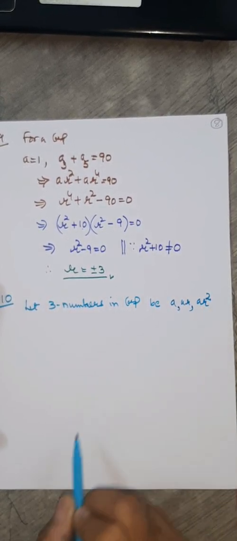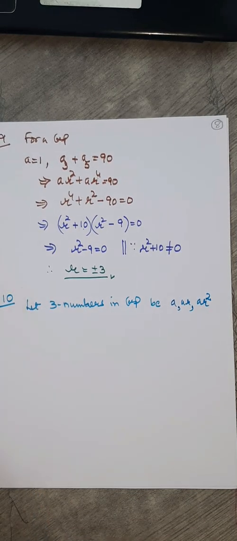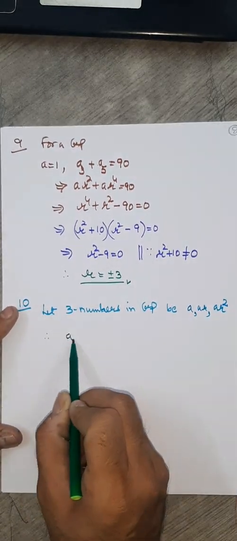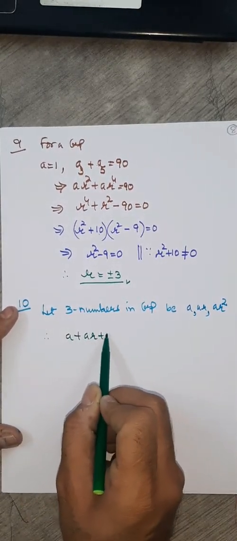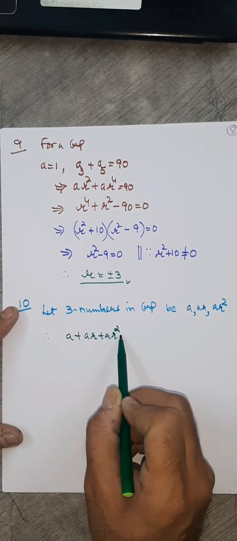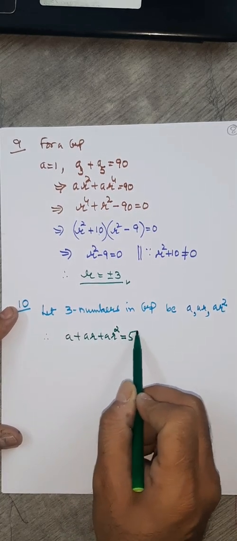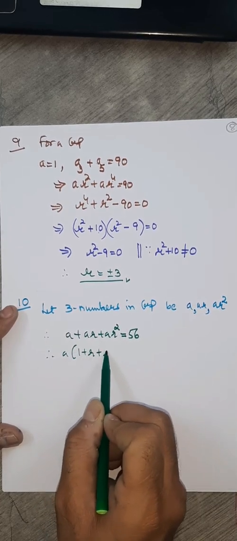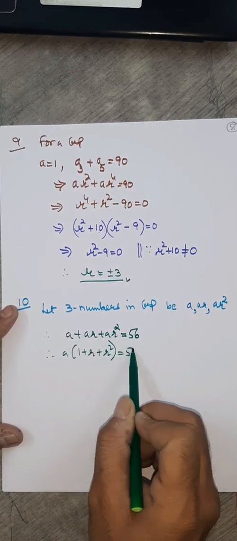These are the three numbers in geometric progression, in fact the first three numbers. So therefore, we have the summation a plus ar plus ar squared equals, we are given, 56. You can take a common, so a into 1 plus r plus r squared equals 56.